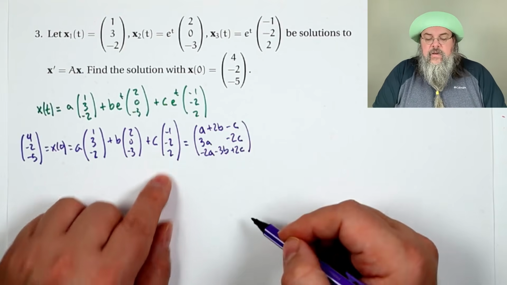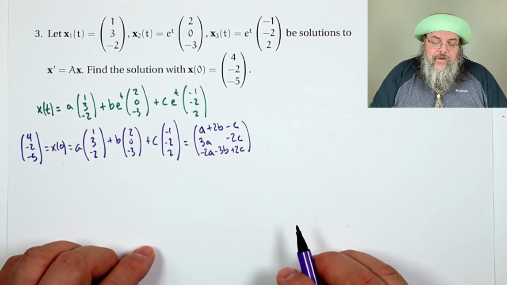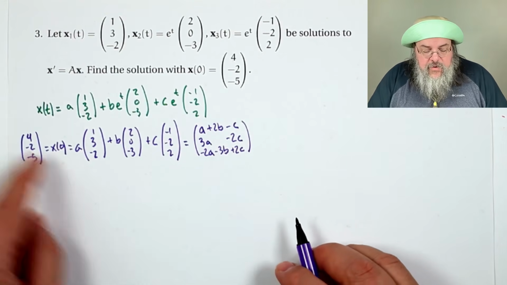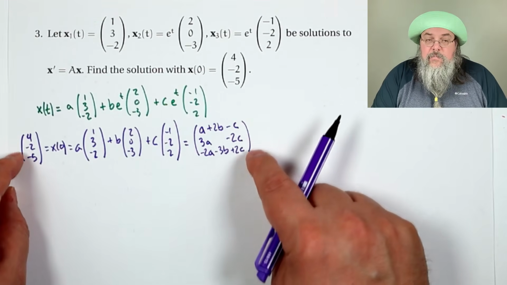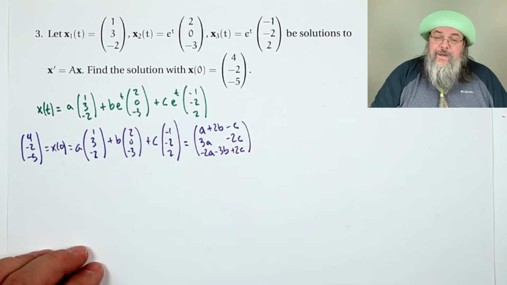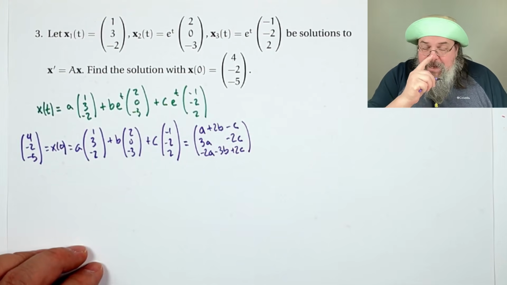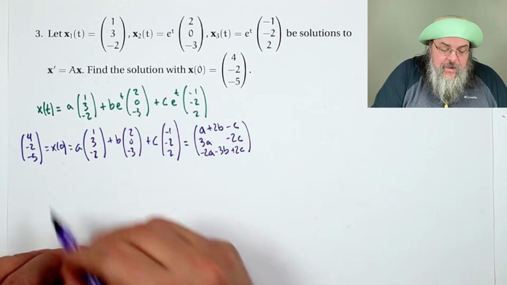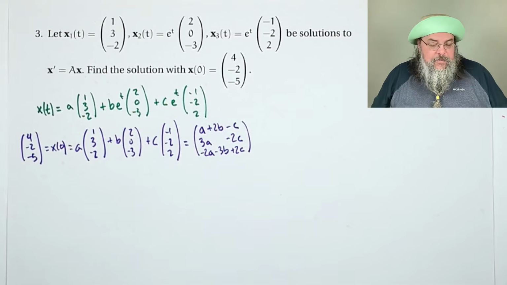All right, good. And really we get three equations, right? The top, middle, bottom. Three equations, three unknowns. That's our bread and butter, right? That's how we're going to make our living.